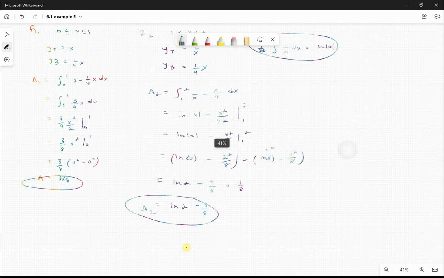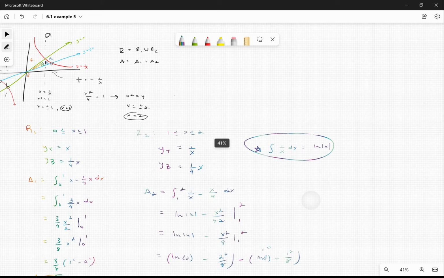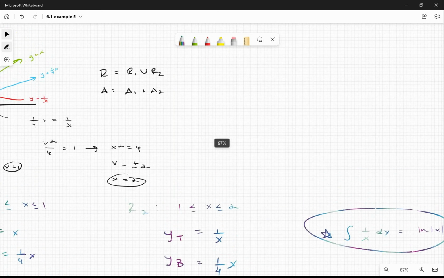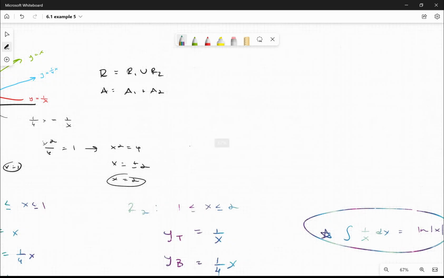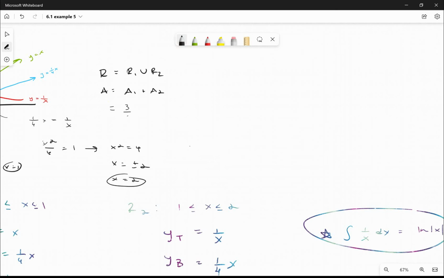So putting that together, we have our total area here, zoom back in, is equal to this 3/8 plus ln of 2 minus 3/8, which is just ln of 2, which is of course a positive number, just a sanity check. So that's what we get for our area.